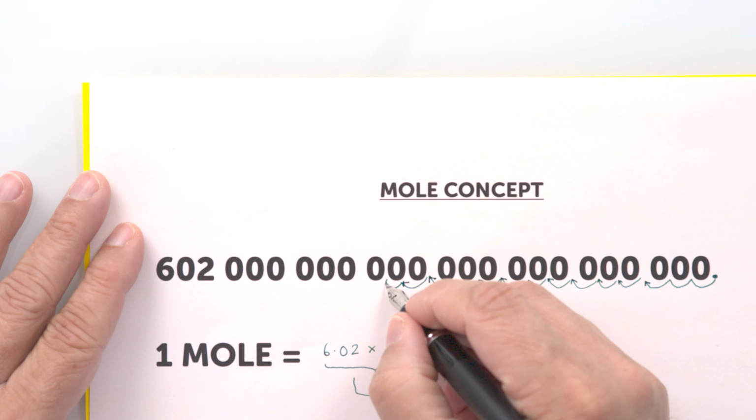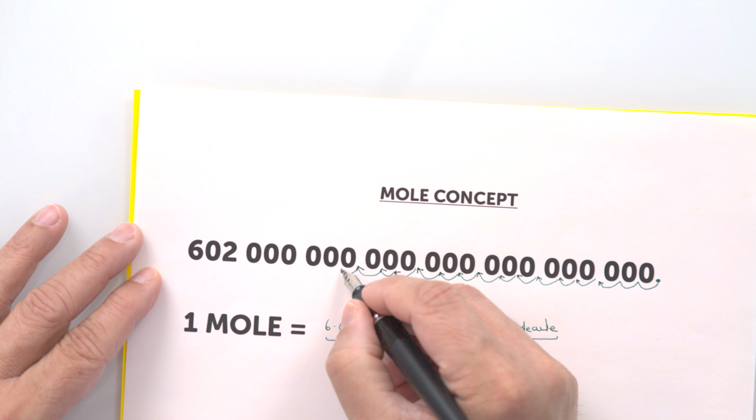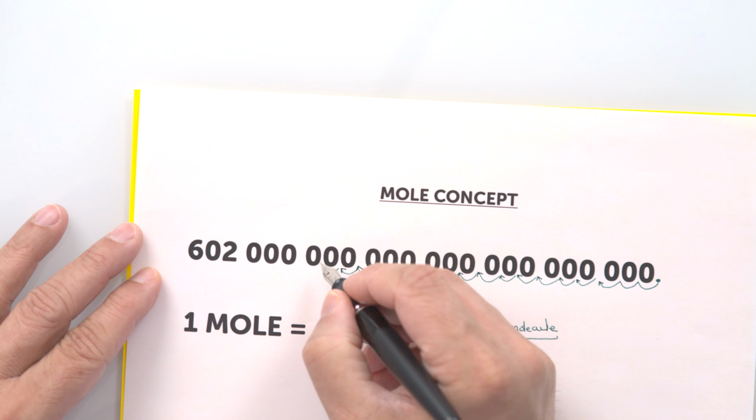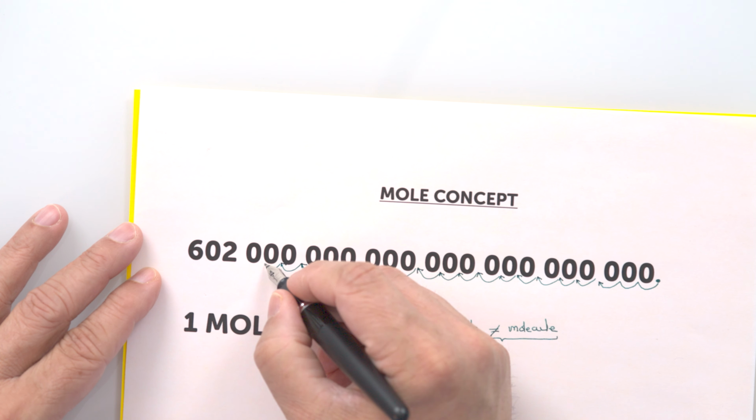Let me try and do one thing at a time. I'm moving this decimal over, and I'm going to be moving this over a lot of spots. Right now I'm almost at the 602 if you're watching this.